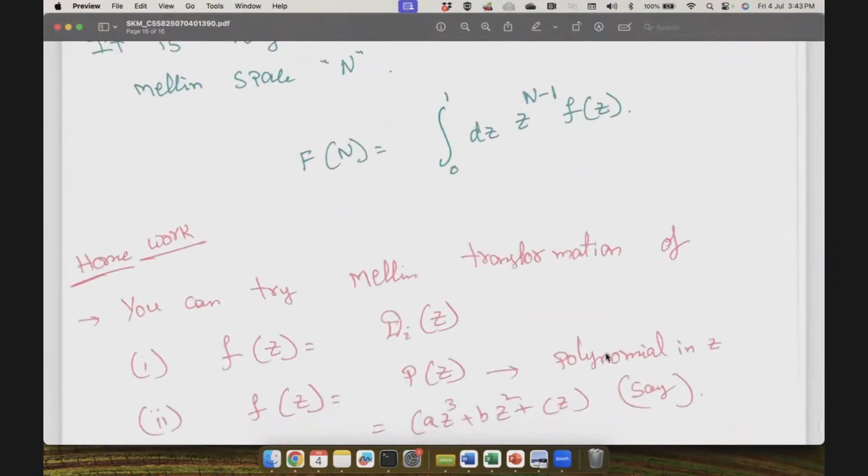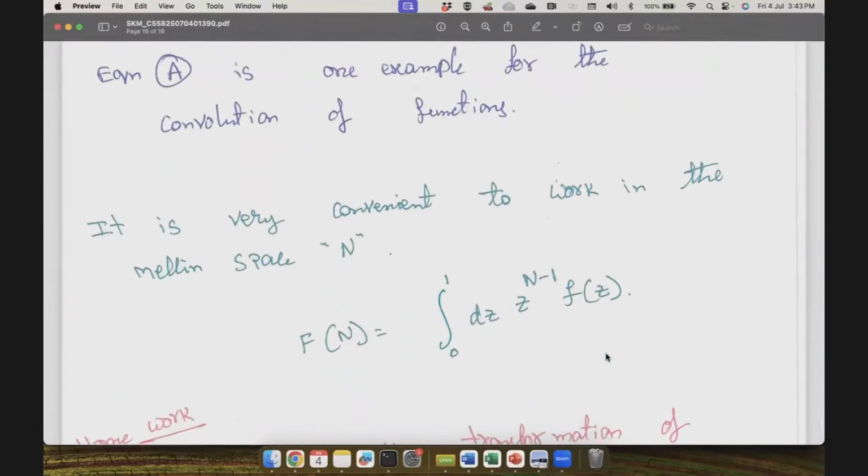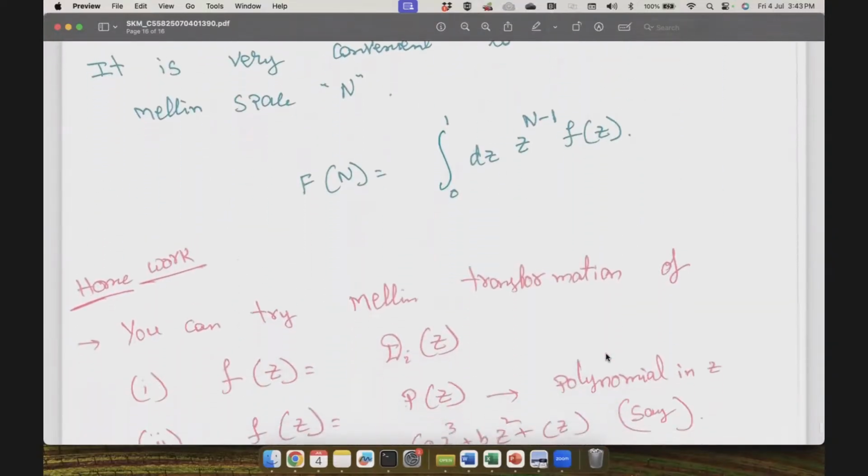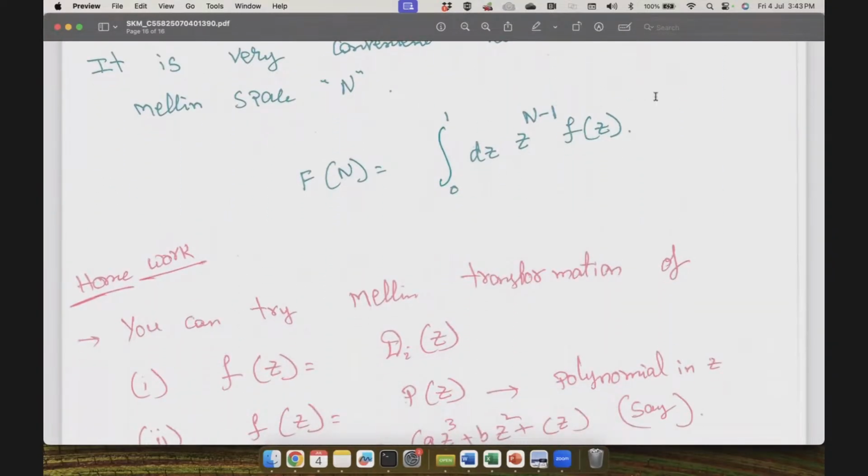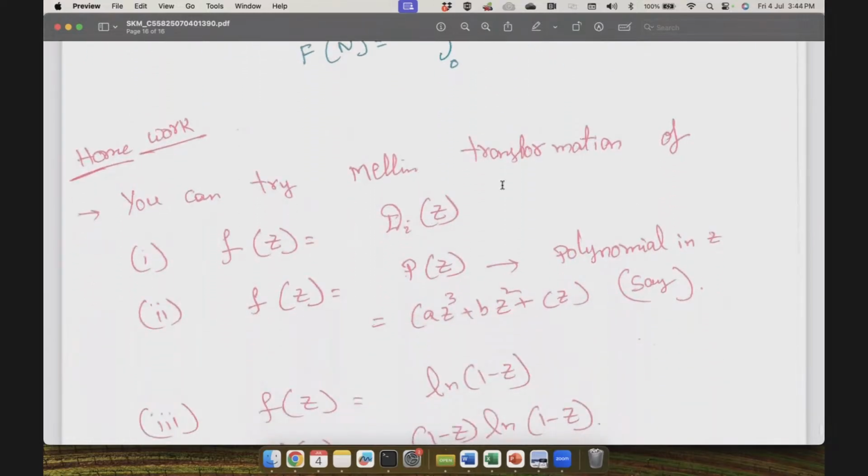So tomorrow, I think you can do a small exercise for yourself. You take a simple function, and then you can do this kind of integral, and this is what we call the Mellin transformation. For example, we have discussed the curly delta. Or you can take any simple regular polynomial function like az plus bz squared plus cz.